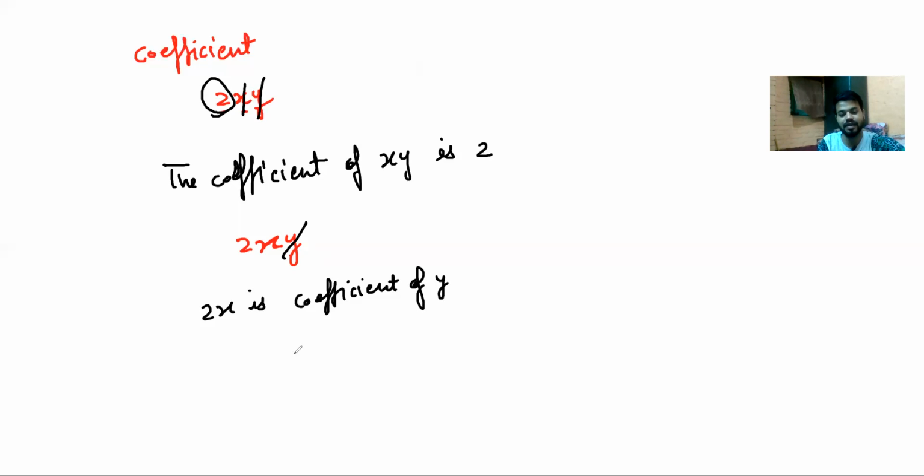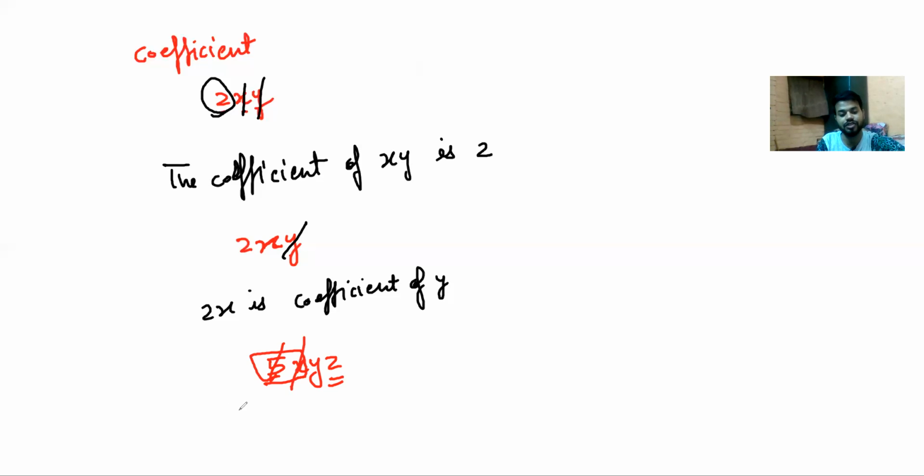Okay, for example, let us say the question is asking what is the coefficient of 5x in 5xyz. So we have to find the coefficient of 5x now. So you have to remove 5x. What is left? yz is left.